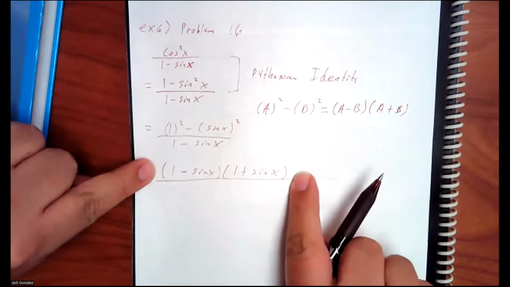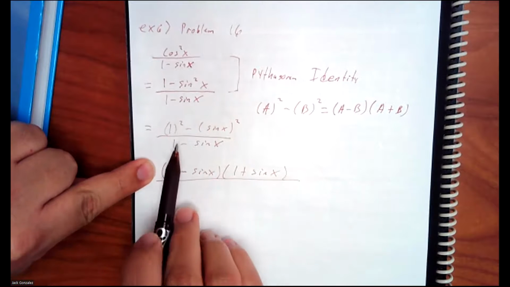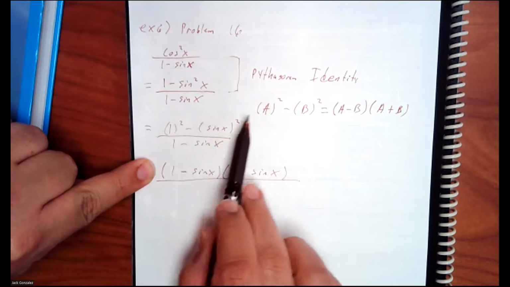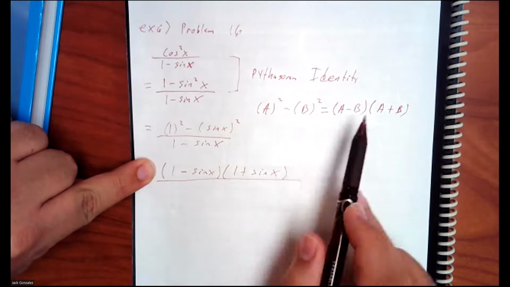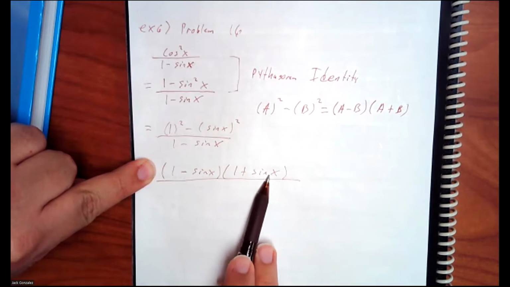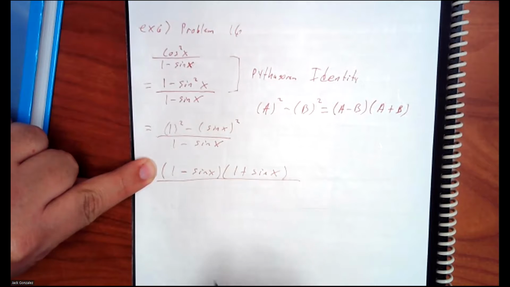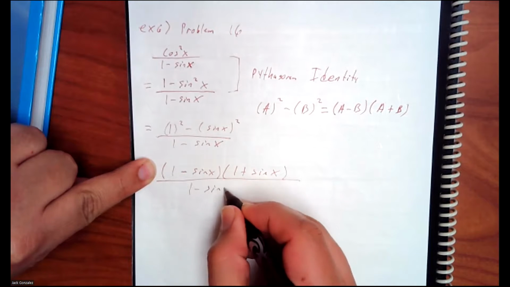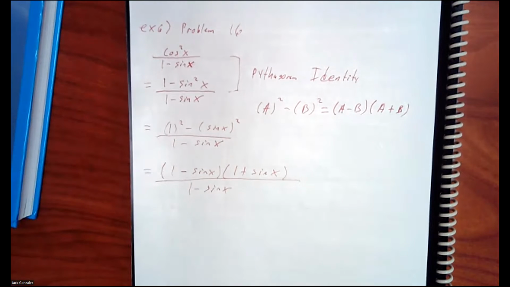So you see how we factored. This is my a and b. a squared minus b squared is a minus b times a plus b. Is that obvious? So then, what do you see? What happens? One minus sine x.